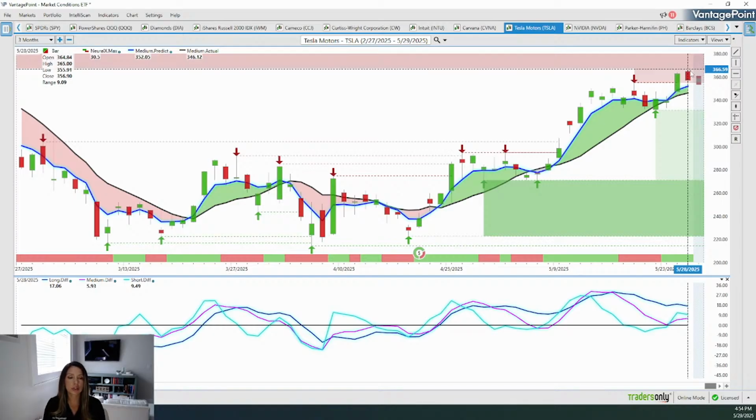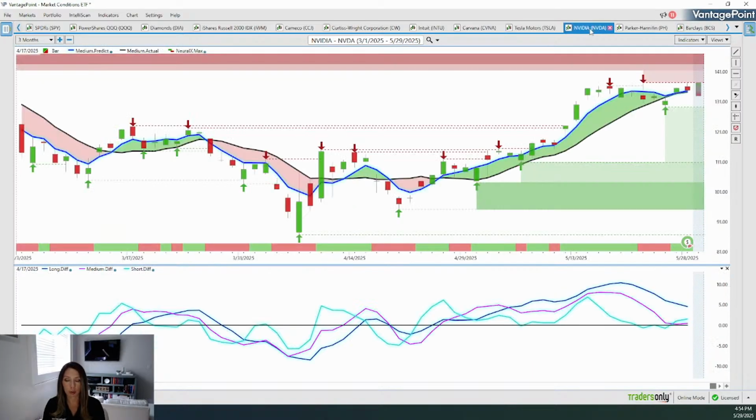So we want to exercise a little caution, but when the software updates tonight at 6:30, we'll be able to see what the projected strength would be for tomorrow. We don't have to wait until tomorrow to find out. We can proactively prepare tonight at 6:30 when the software updates. That's really powerful analysis coming to you before market open tomorrow. You don't have to wait to make that decision.